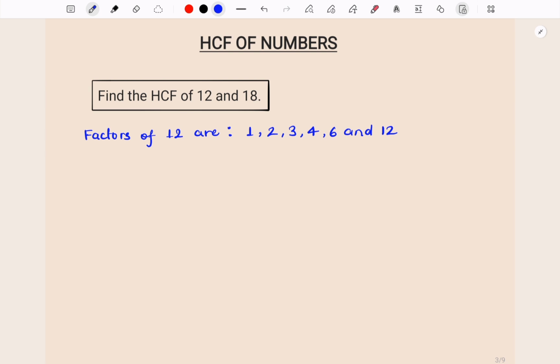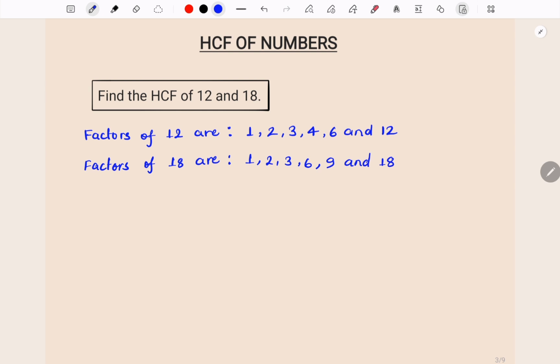That means they do not leave any remainder when they divide 12. Now let's find the factors of 18. So factors of 18 are 1, 2, 3, 6, 9, and 18. Right?